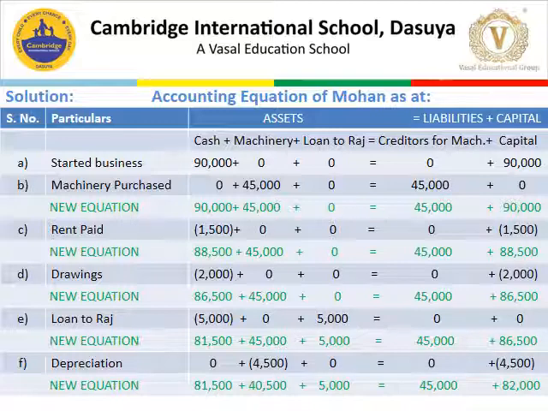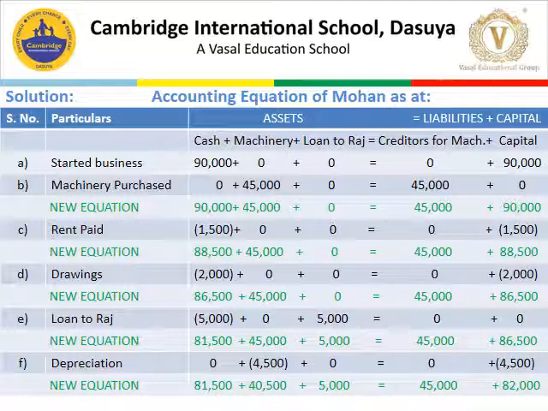So the final effect is to deduct rupees 5,000 from cash and add it in the new column of loan to Raj, rupees 5,000. No effect over any other liability or asset or the capital. The final equation would be the cash balance 81,500, machinery 45,000, loan to Raj 5,000, and on the liability side creditors for machinery 45,000 and the capital, that is 86,500.